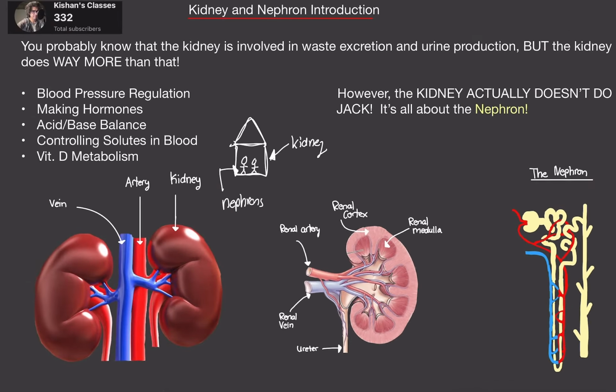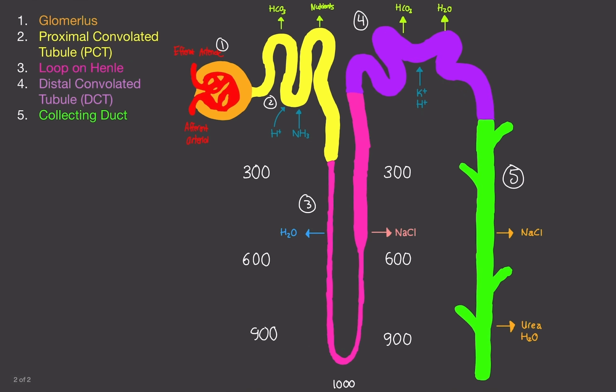And so we're going to talk about the nephron now. This is the nephron. The nephron is made up of 5 segments. Think about this as one long sewer tube, like a sewage pipe, very long, made up of 5 segments that all do different things.